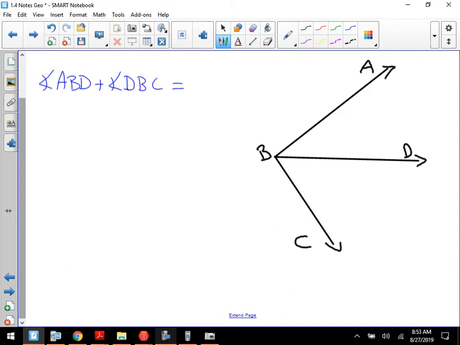Now if you look at the lettering, notice how B is always in the middle. B is always in the middle because it's the common vertex. It goes A to B to D, D, B, and C. That means those outer letters are always the outer letters of the biggest angle.